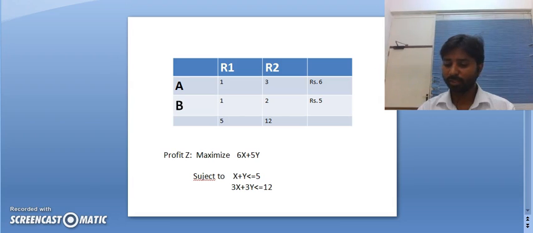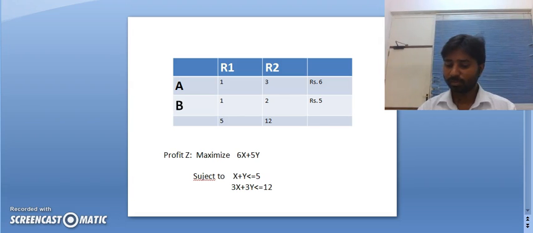Similarly, 1 unit of A requires 3 of R2 and 1 unit of B requires 2 of R2. So the requirement to produce x units of A and y units of B is given by 3x plus 2y. This has to be less than or equal to 12. It cannot be greater than 12. Also, we need to explicitly state that x and y are greater than or equal to 0, that is, the person cannot produce negative quantities of x and y.